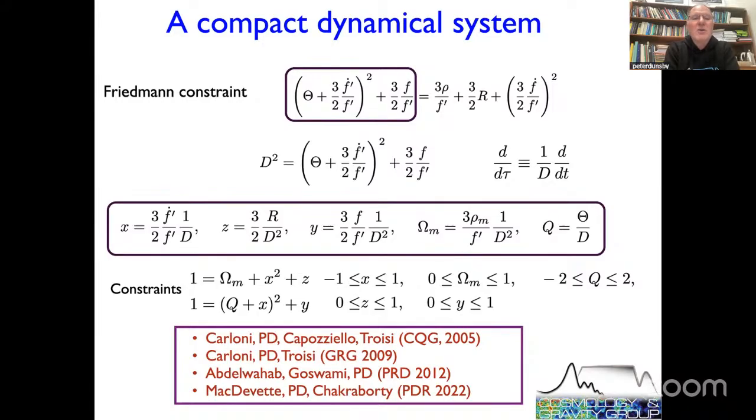So in this way, you can define a set of variables which give you a modified density parameter, a parameter Q, just like in the GR case, which splits the phase space into expanding solutions and contracting solutions, and then a set of variables X, Z, and Y, which characterize the modification due to gravity. In particular, X is going to be extremely important in what I will talk about later on. So X really is the variable that properly quantifies the deviation away from general relativity.